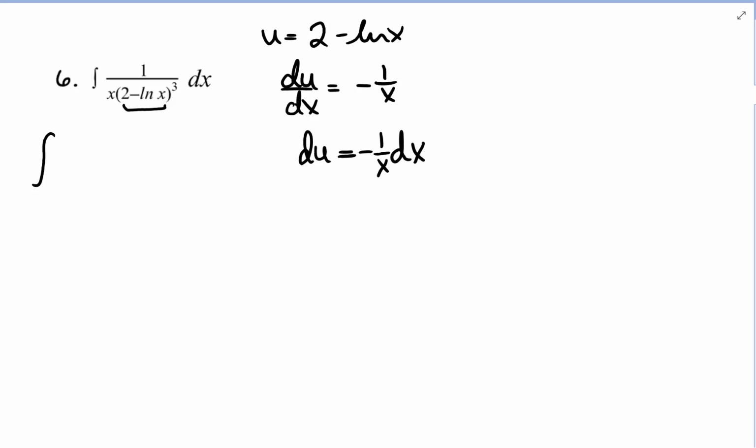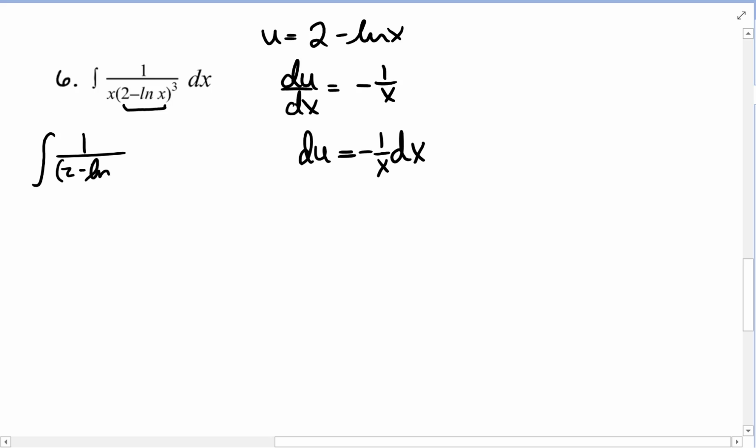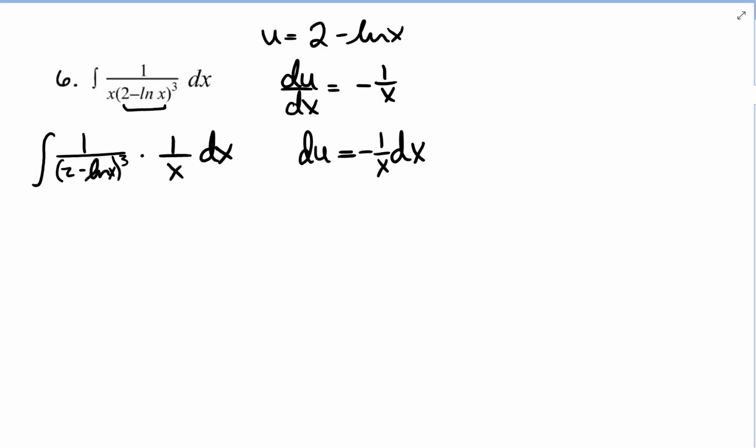I'm going to rewrite this fraction so that we can visually see what we're doing. We have 1 over the quantity 2 minus natural log x cubed times 1 over x dx. This is just another way of writing it. I almost have it, but there's this little negative right here.